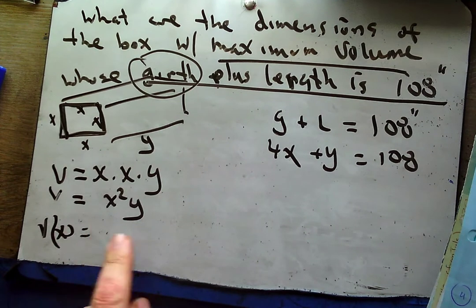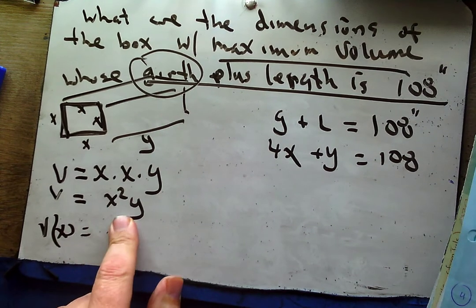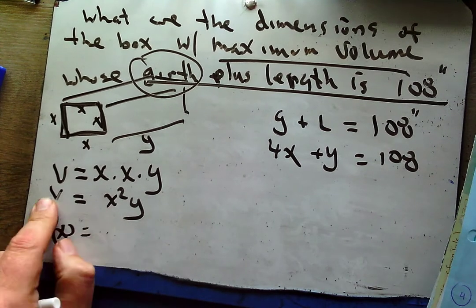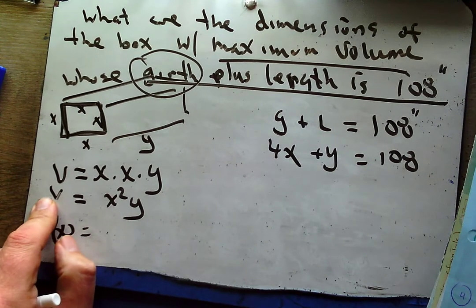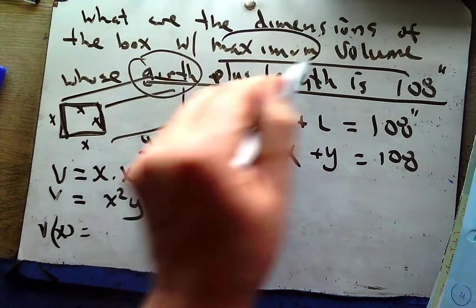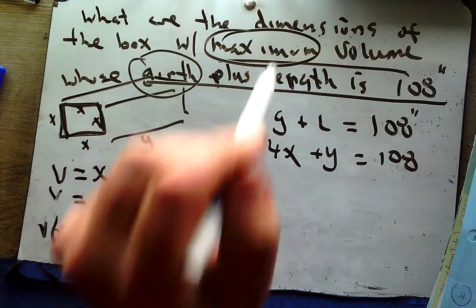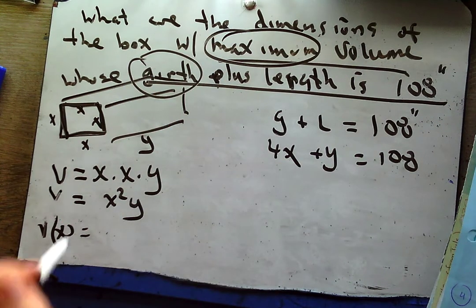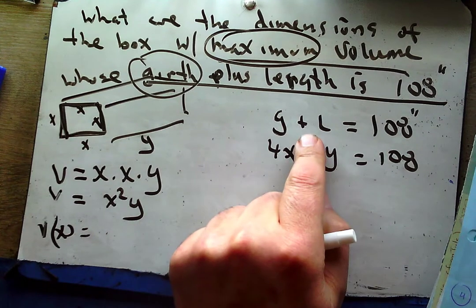One, I don't know what y is equal to here. I could divide both sides by x squared, but dude, I don't know what volume is. But over here, I have a number. Second, I want to maximize volume. That means I want to take the derivative of volume. I need to take the derivative of this thing, not the derivative of that.